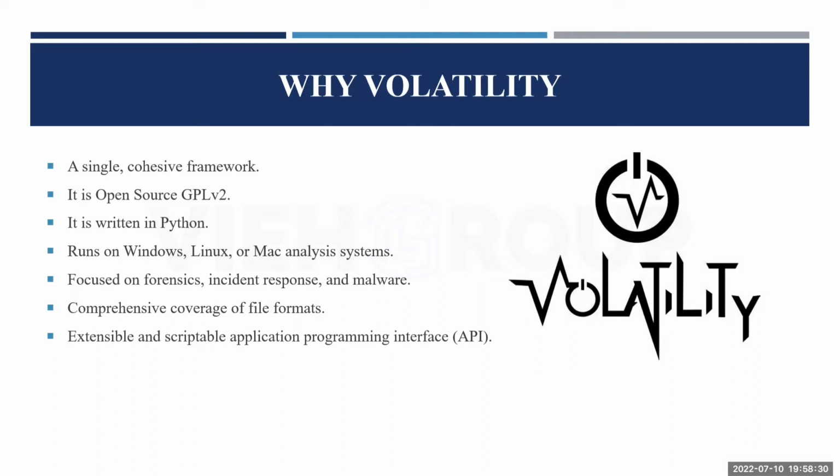Volatility is designed to support new operating systems and architectures as they are released, and it is open source under GPLv2. The source code is freely available, and you can even extend it by learning how Volatility works.